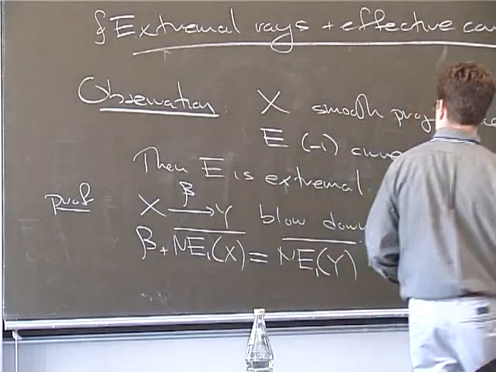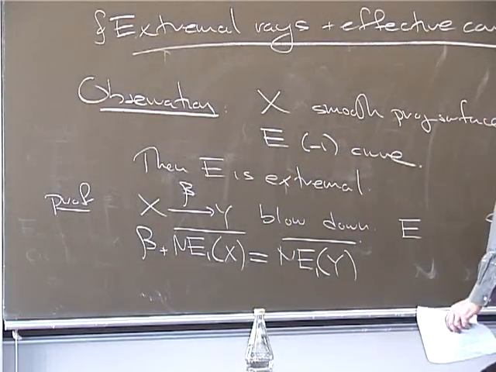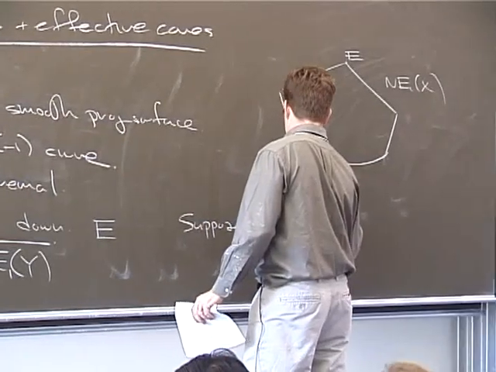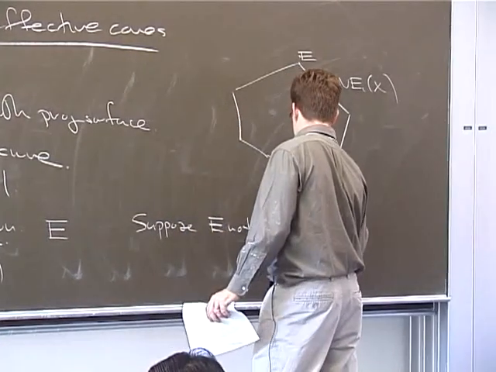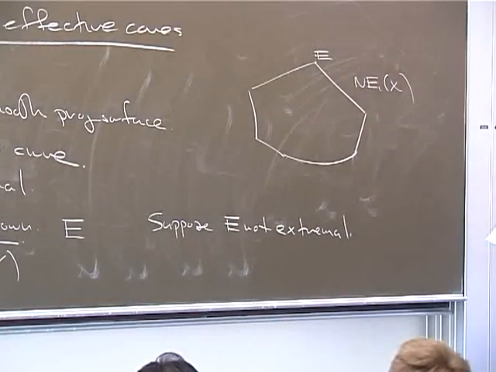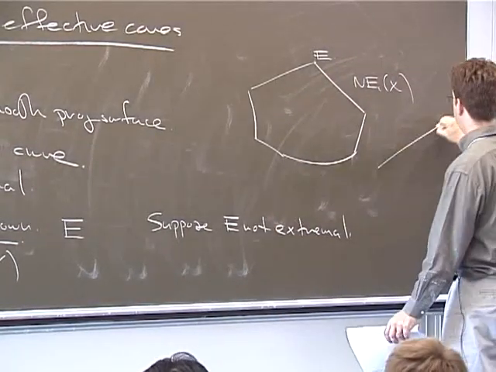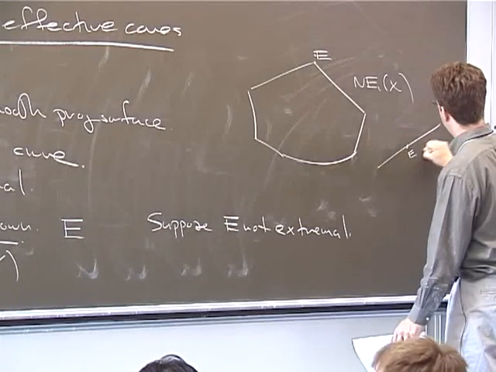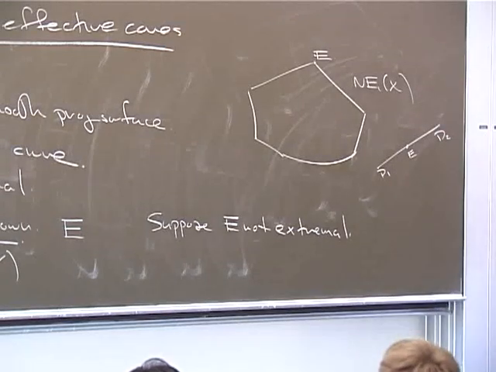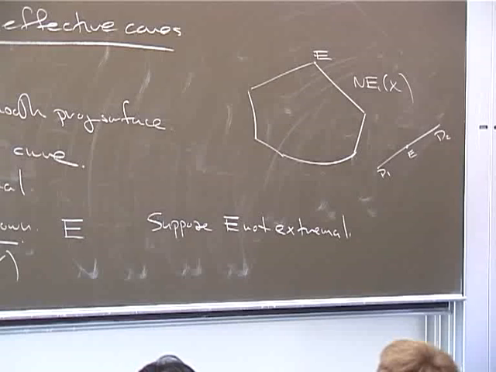Okay. Now, let's suppose that E is not extremal. So let's suppose that we had a picture like this. So here's E. We have D1. We have D2. Well, what's going to happen when I contract E?